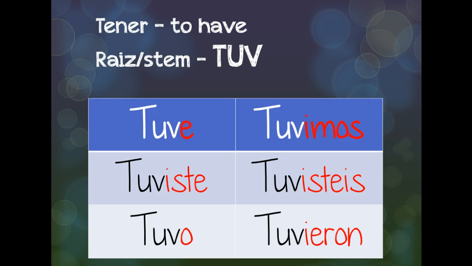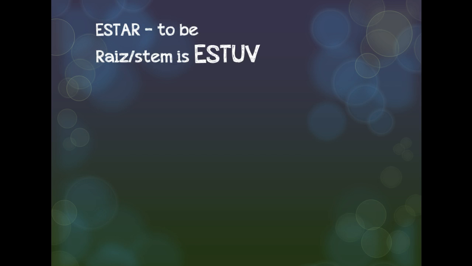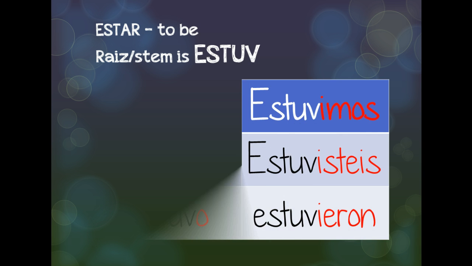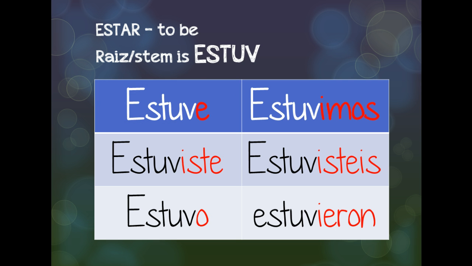The next letter in STEP is E, and that stands for the verb estar, which means to be, as in feelings or locations. The stem of this verb in its irregular preterite form is estuv, E-S-T-U-V. We take that stem, combine it with our irregular endings, and we end up with the following conjugations. Estuve, estuviste, estuvo, estuvimos, estuvistes, and estuvieron.